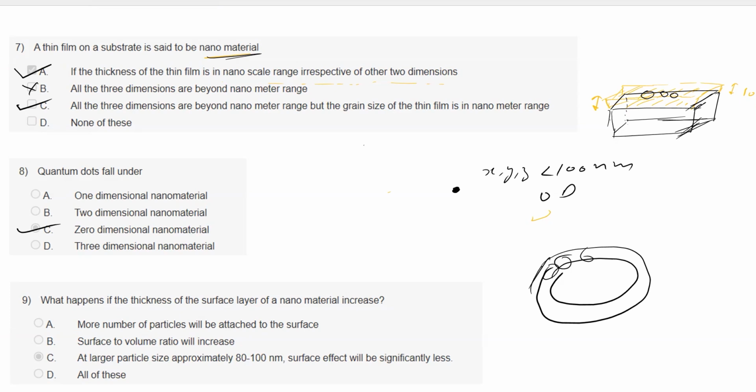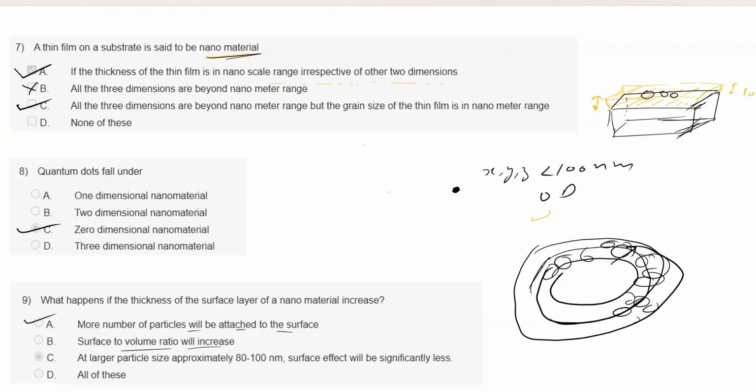So, if you're increasing the thickness, more particles will be attached to the surface. This is true. The surface layer is thicker, so there are more particles to consider on the surface. This is true.